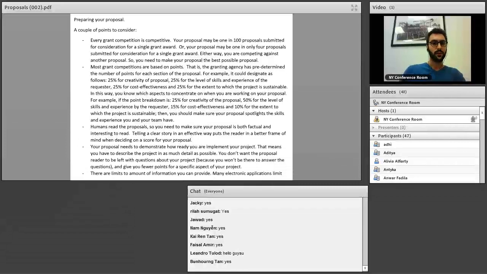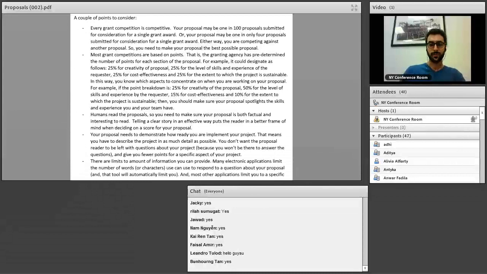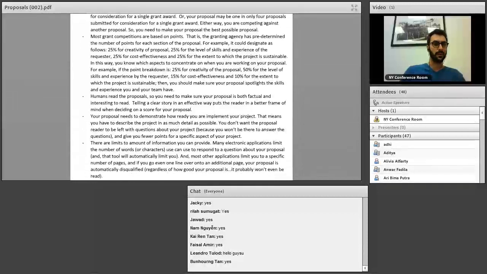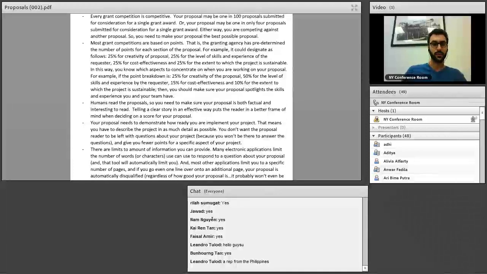For any grant proposal, you don't know how many people you're competing against, but you want to make sure your project stands out. Projects are graded on points. They predetermine whether certain things go towards skills, creativity, cost effectiveness, impact, or sustainability. So you have to look into what these are and how this can be done for your project.